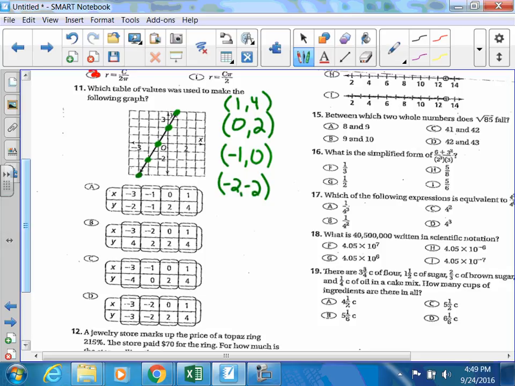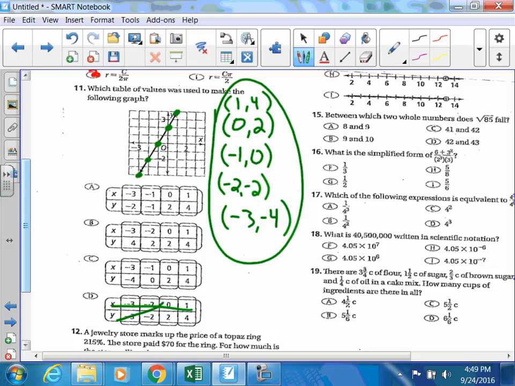And then this ordered pair down here is negative 3, negative 4. So basically you have a linear function. As the x coordinates increase by 1, the y coordinates increase by 2. Where do we see those ordered pairs? I don't see negative 3, negative 3 in this list right here, so that's not going to be an answer. I see negative 3, negative 4 here. I see negative 1, 0. I see 0, 2, and I see 1, 4. C is going to be your answer.